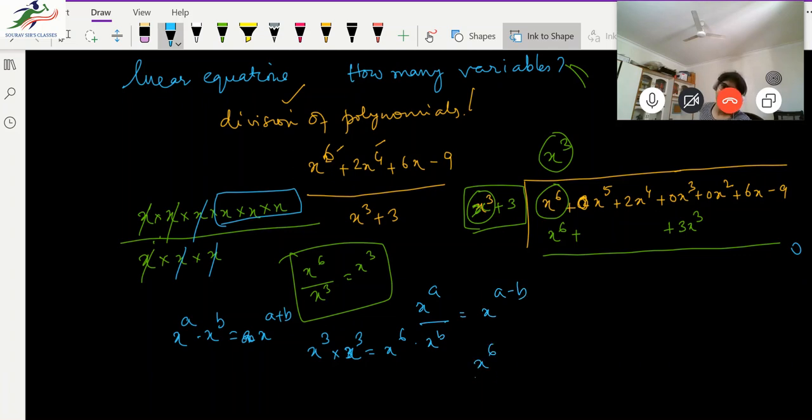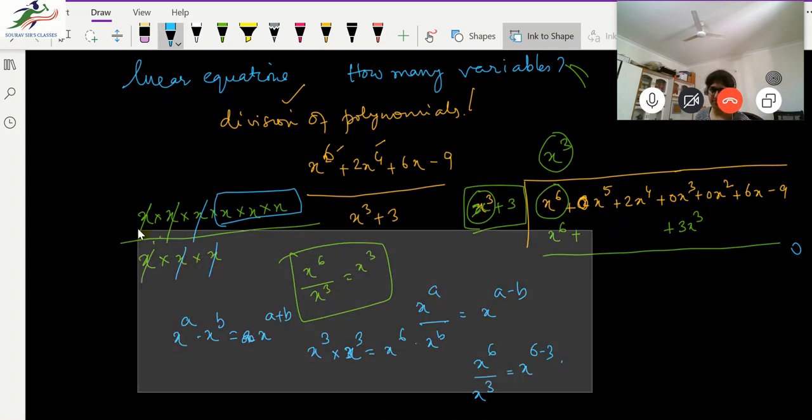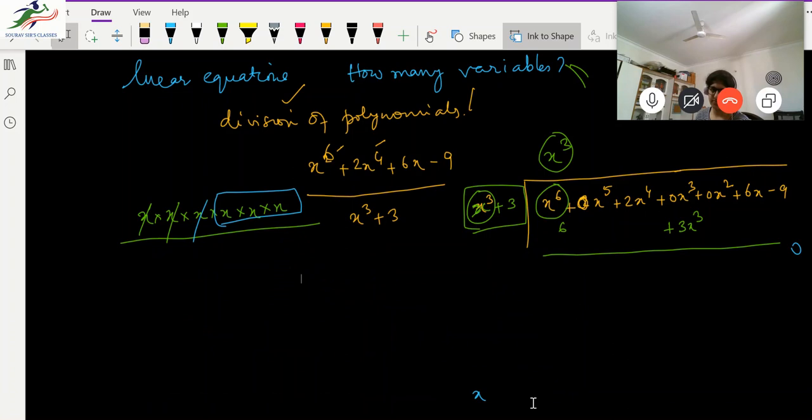So x to the power 6 by x to the power 3 is x to the power 6 minus 3. Clear? Okay. So we have x to the power 6 here and 3x cube here.